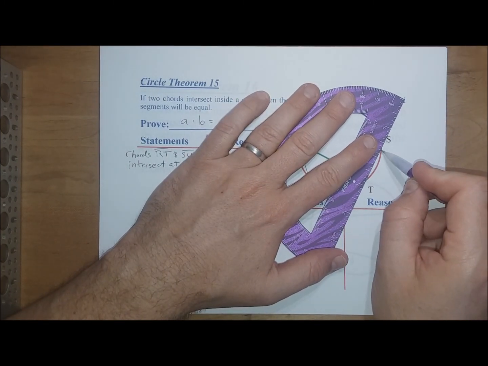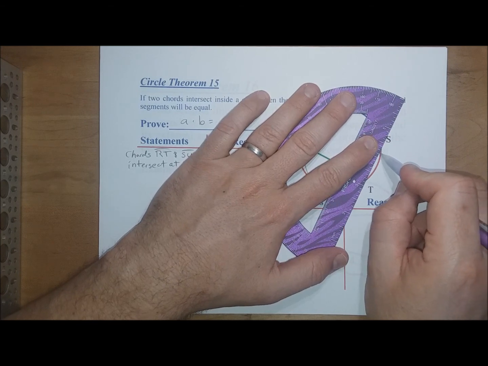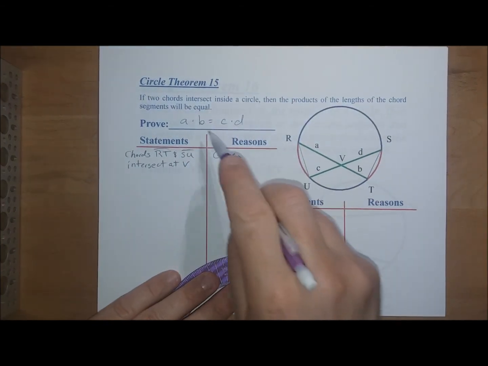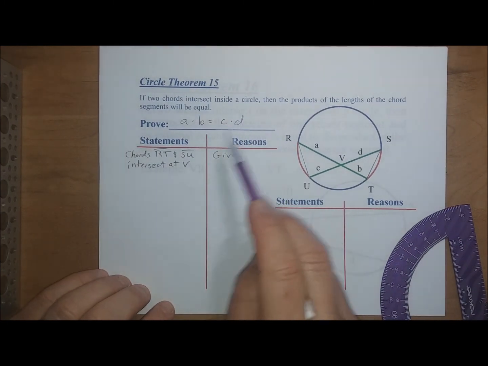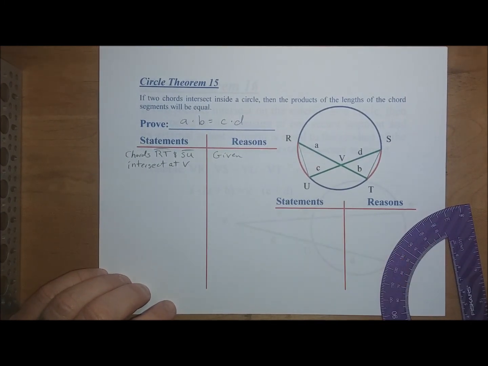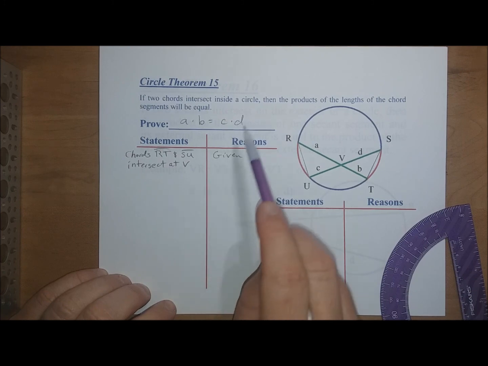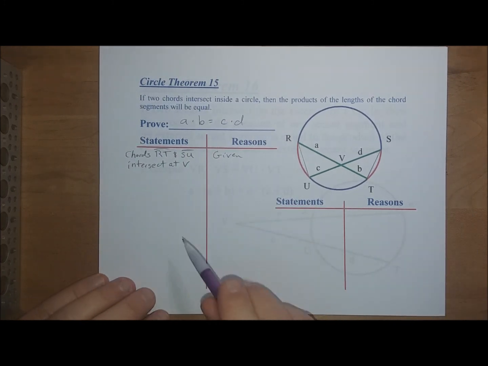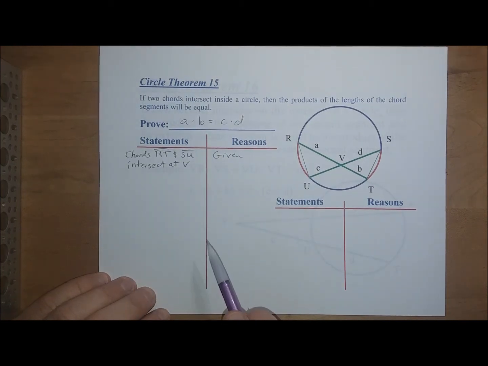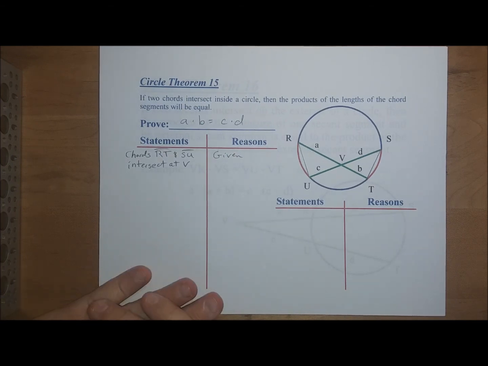I alluded in my other video to the fact that I suspected that these look suspiciously like cross products, right? Okay, and that's just my pattern recognition going off. I've told you guys whether it's music or math or chess, pattern recognition will get you a long way in solving really interesting problems. I think those are cross products, so I'm looking for similar triangles because I know cross products come from proportions, which come from similar triangles.